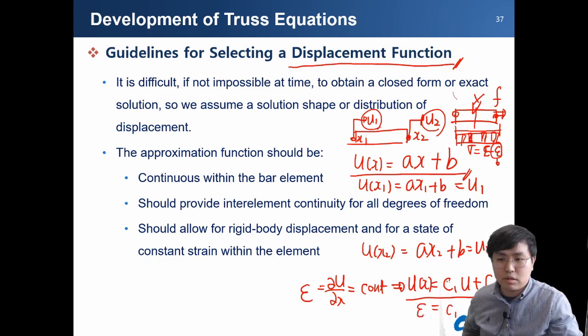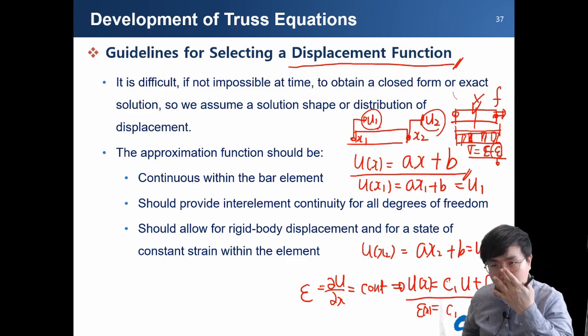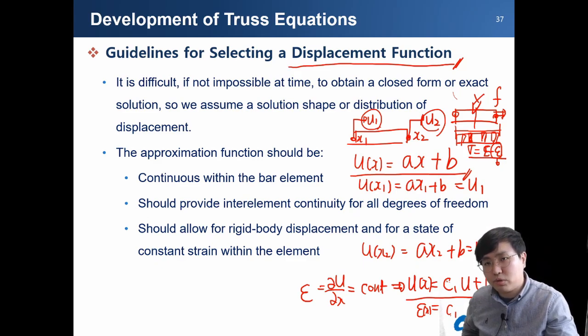So this is the strain c1, and we obtain constant stress values in the simple truss system. So also in our FEM simulation, we are going to use a simple one-dimensional polynomial displacement field.